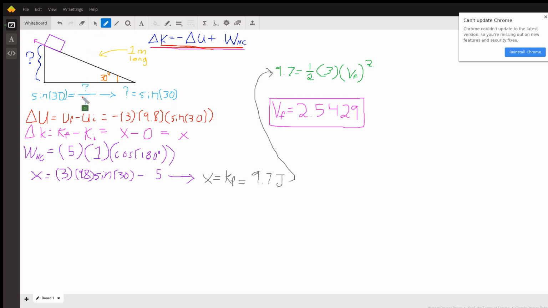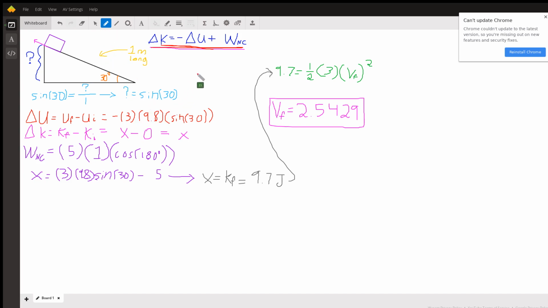So now we know when it's at the bottom of the ramp, U final is equal to 0 because it has no height. So we can say that negative 3, which is the mass, times 9.8.